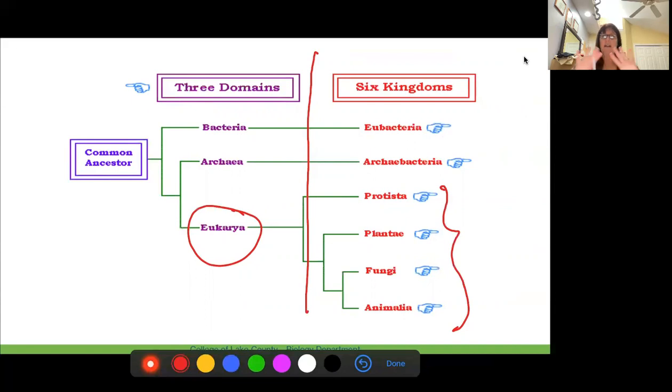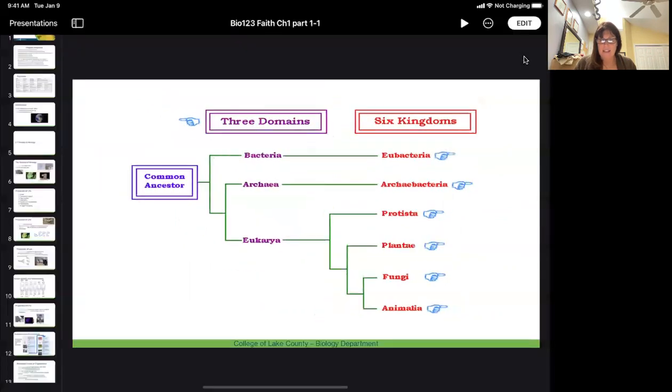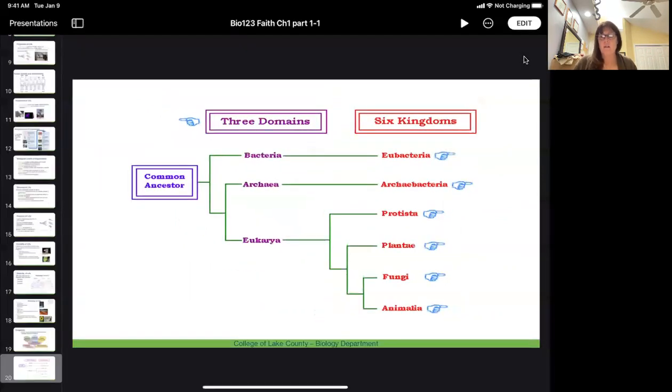All right. So again, that is our horizontal alignment. So we did our vertical, small to big or big to small, and then we talked about the diversity of life in our horizontal organization. And that is it for the first part of chapter 1.